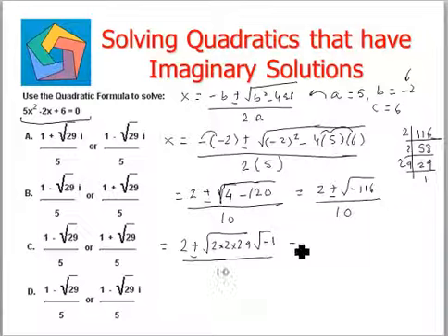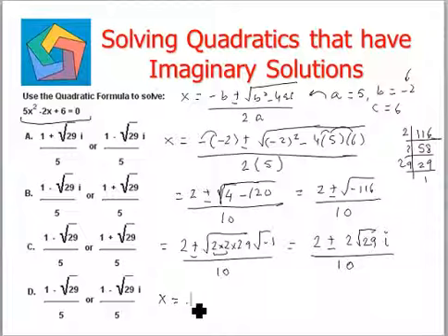This equals 2 plus or minus, the two 2's combine and come out as a single 2, divided by 10. Dividing the whole expression by 2, I get x equals 1 plus or minus root of 29 i, divided by 5.